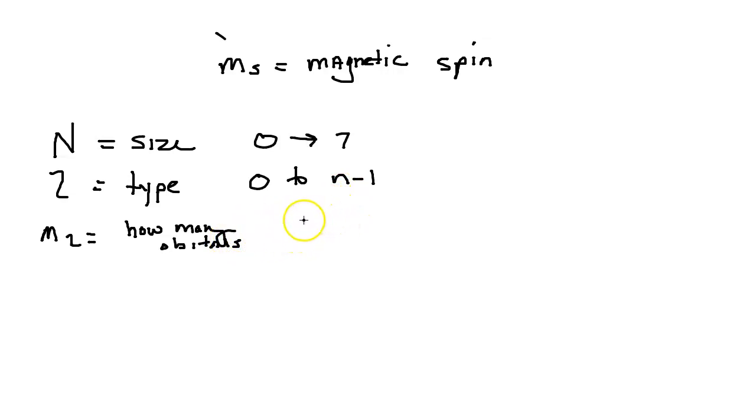And of course, that is going to be -L through 0 to +L. And you count how many possible values you get from the L. And of course, that tells you how many. S has 1, P has 3, D has 5 as we just saw. And then we have, and that looks like an m sub L, but now we have m sub s.